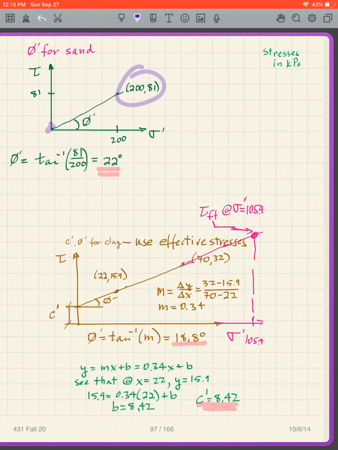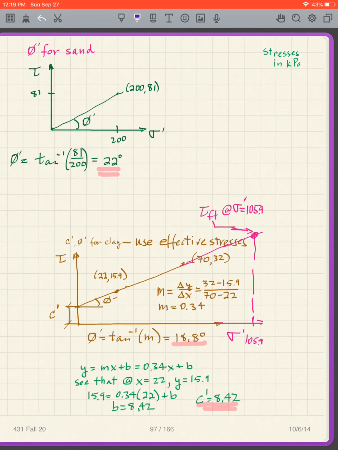I know it goes through the origin, so I draw a line that looks like that. The arctangent of the slope, y over x, 81 over 200, gives me my friction angle for the sand, which is 22 degrees. All stresses here are in kilopascals.